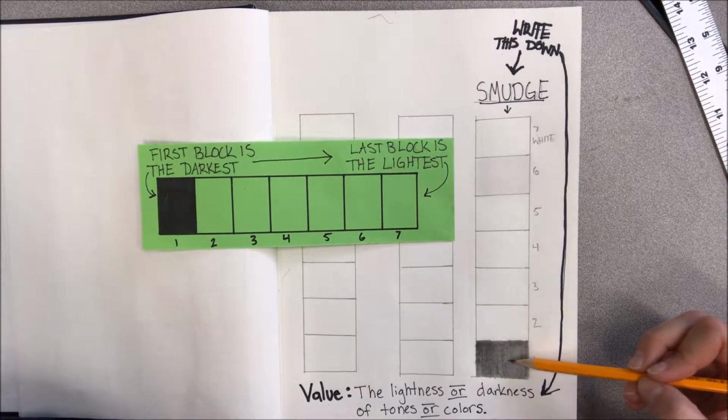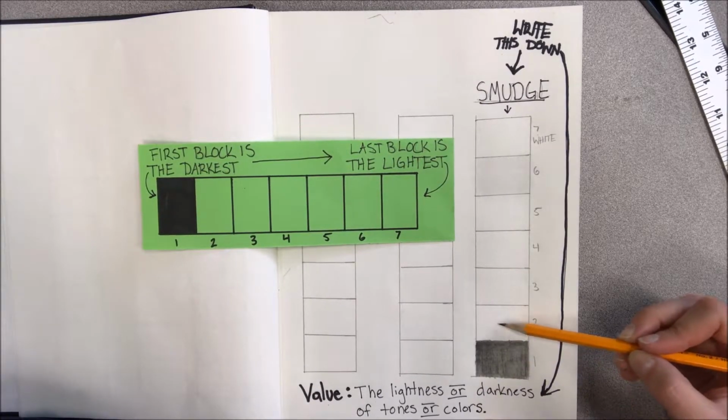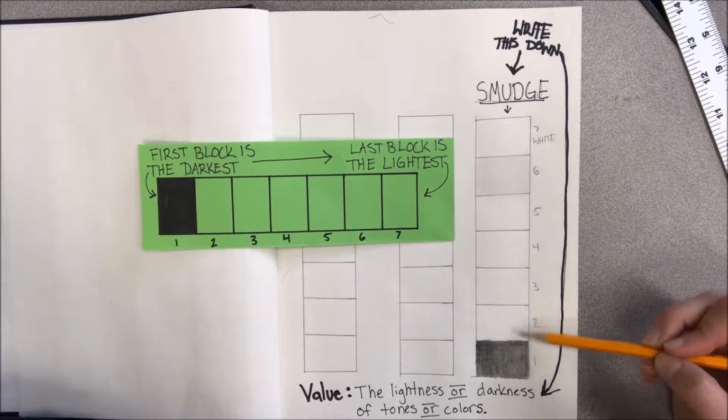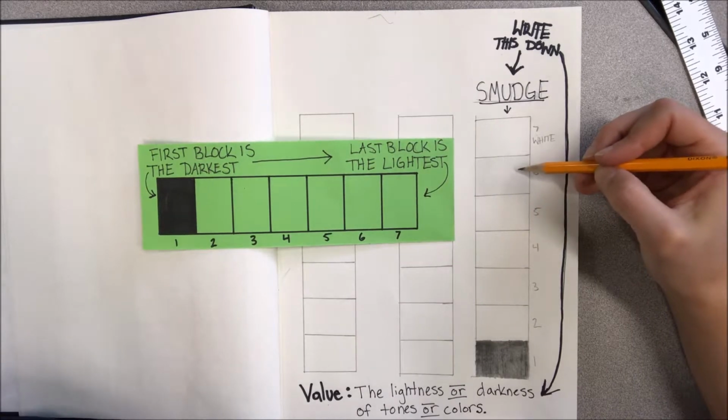So I'm going to go back down to number 2. I'm going to look at my darkest value, and I'm going to begin to fill in box number 2 with a value that is lighter than this, but darker than this.